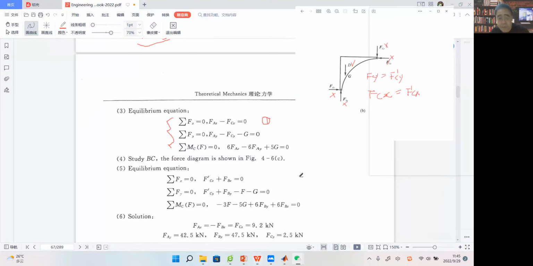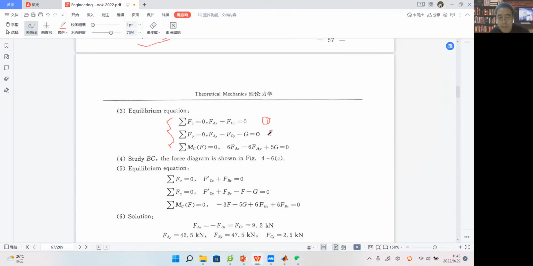And the second, sigma Fy equals 0. So we have Fay minus Fcy minus G, because Fcy also points downward, opposite to the positive direction of the y-axis. G is the gravitational force acting at point D, along the negative direction of the y-axis. So we have the second equation here.